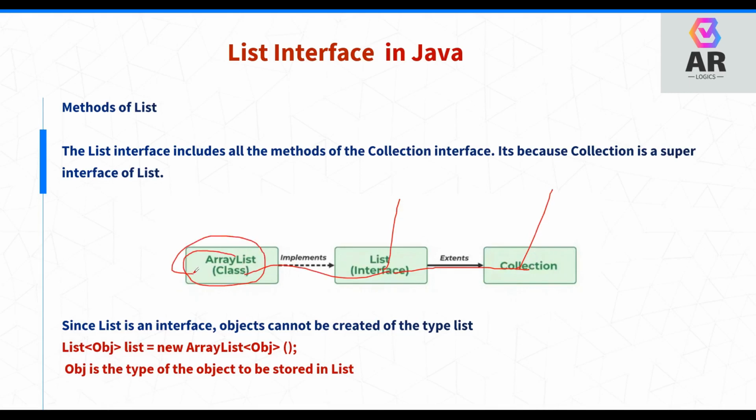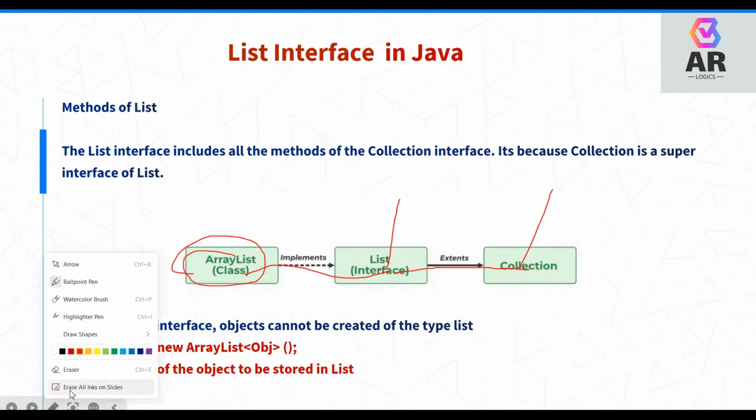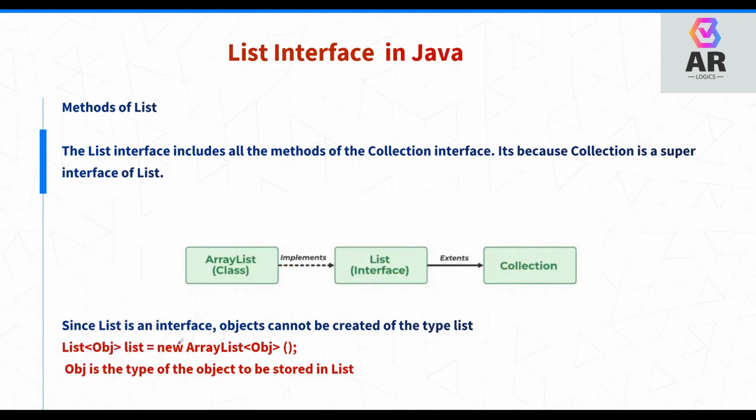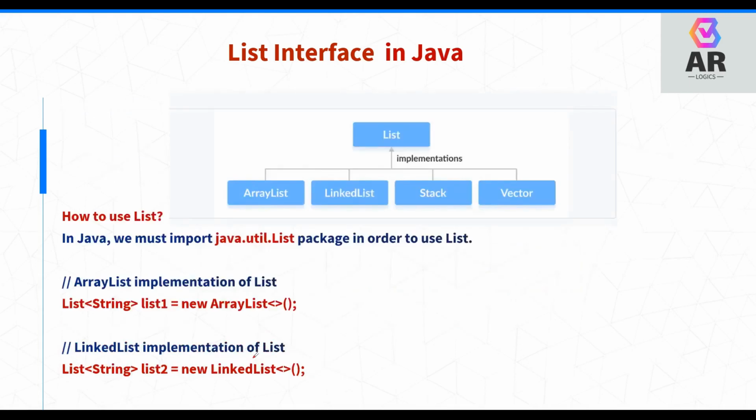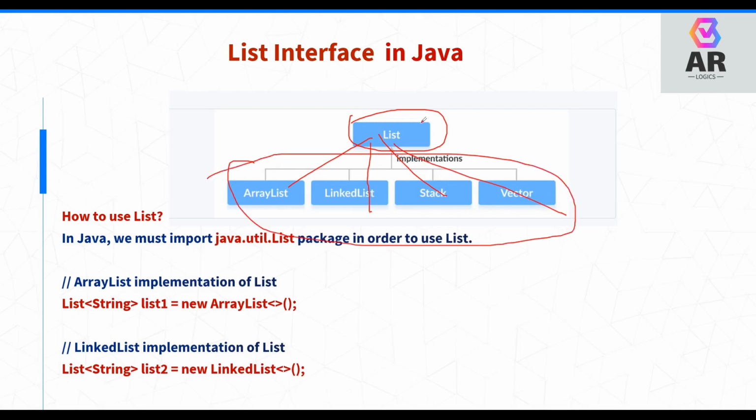So this is the syntax, remember this one. List of some type, you can write anything there, not an issue, then new ArrayList. So list is an interface. Apart from list there are LinkedList, ArrayList, Stack and Vector; these four are under the list.